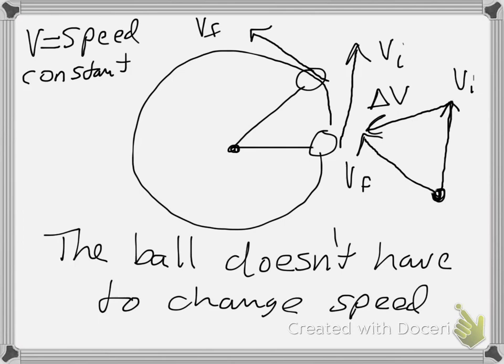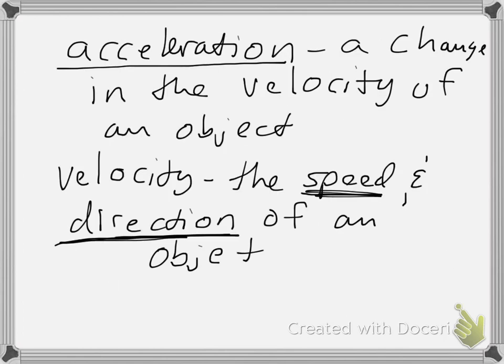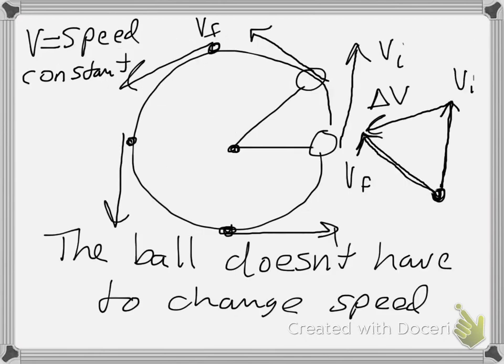It went from here at one instant, a couple instants later it's over here, and a few instants later it'll be over here, and it's constantly changing its direction. So the speed itself doesn't have to be changing, but the direction is. And as long as one or the other, the speed or the direction, is changing, then we have an acceleration. So how do we actually describe what this acceleration is mathematically?